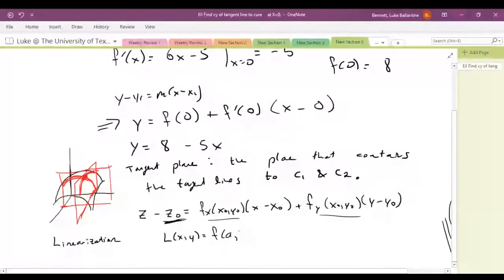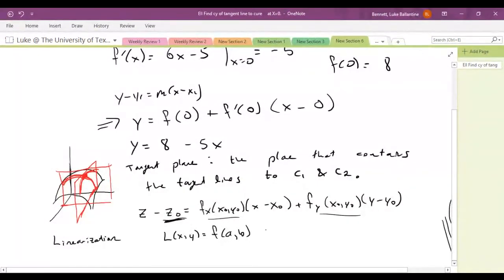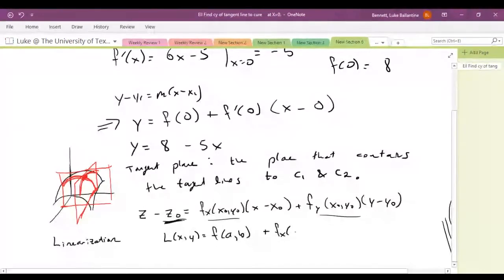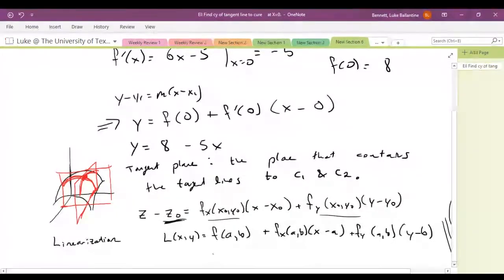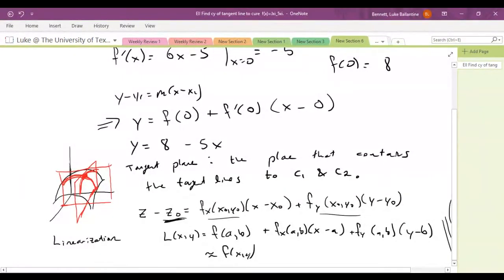I just wrote it a little bit different. f of a b plus f sub x of a b times x minus a plus f sub y of a b times y minus b. And this is approximately f of x y when x and y are close to a b.